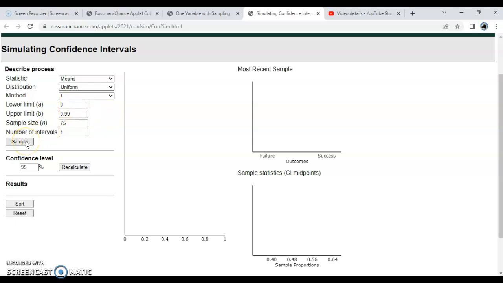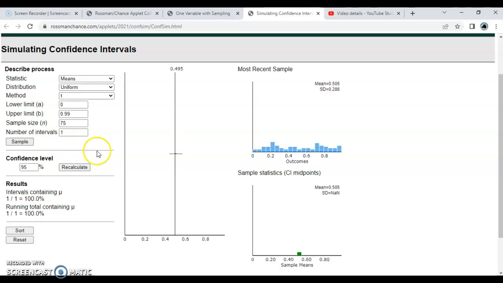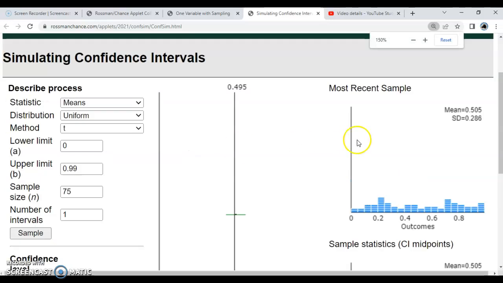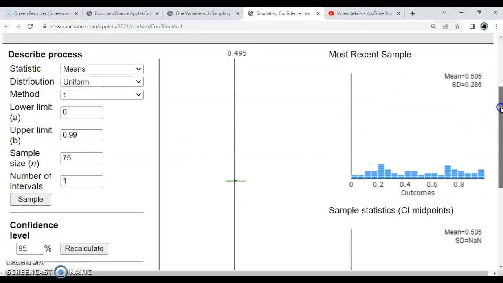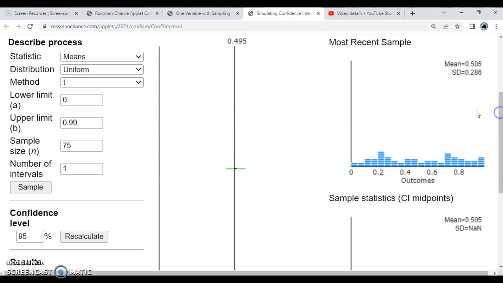We're going to take one sample, calculate its confidence interval, and there you have it. If you notice here, let's zoom in a little bit. Here is the population average, which is about 50 cents, right in the center of that uniform distribution, 0.495. So roughly the same as what we had before.